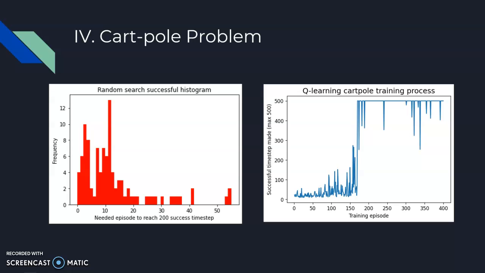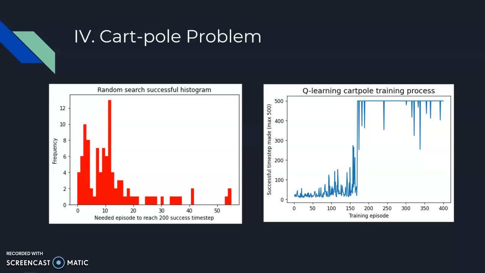It trained the agent for 500 episodes by default, and when we compare the random algorithm and the Q-learning algorithm, we can see that the random algorithm is much more efficient than the Q-learning algorithm.